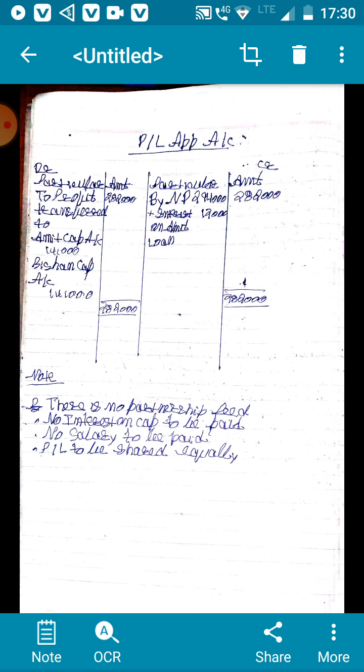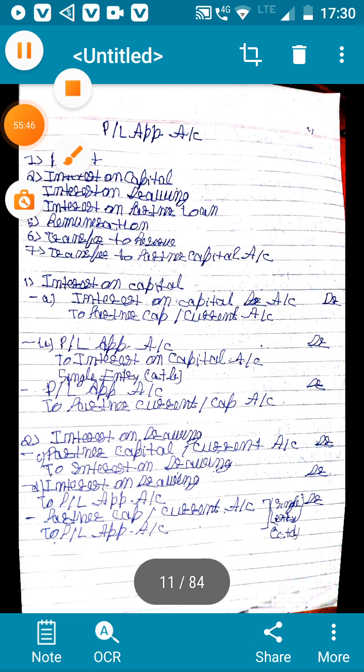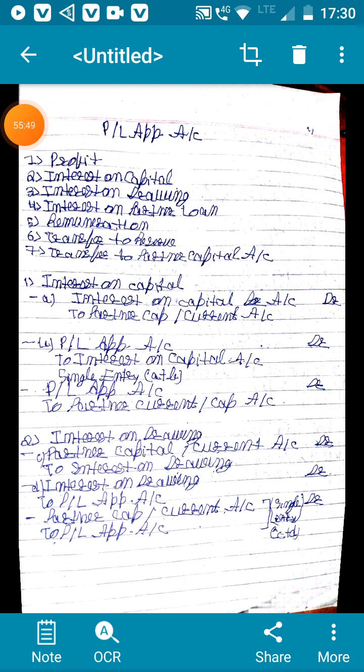Therefore, no interest on capital is to be paid, no salary is to be paid, and the profit and loss are shared equally. In the profit and loss appropriation account, we have items like profit, interest on capital, interest on drawings and interest on partner's loan.